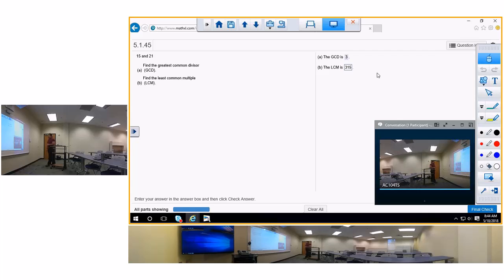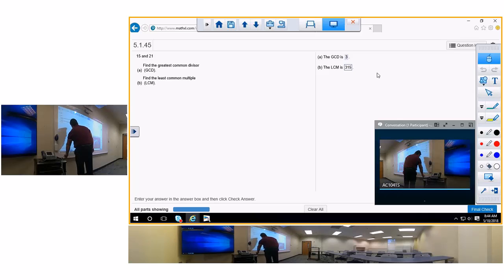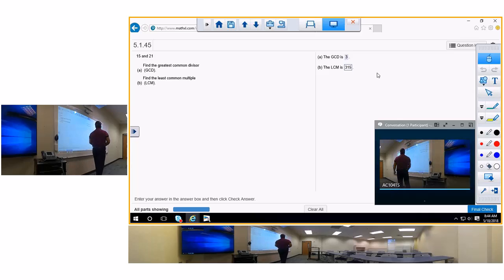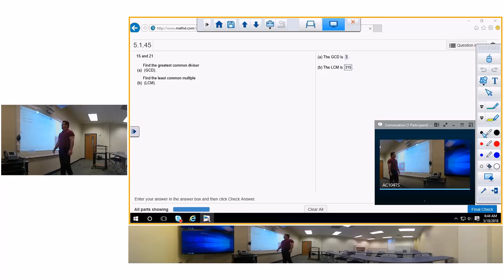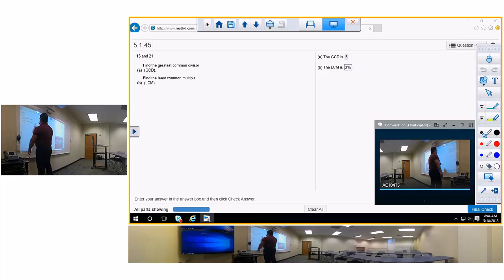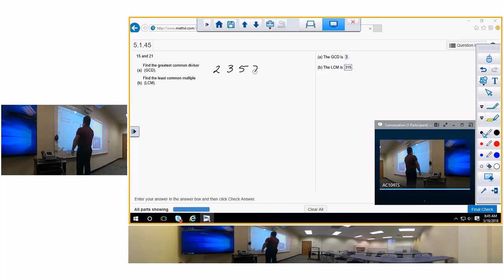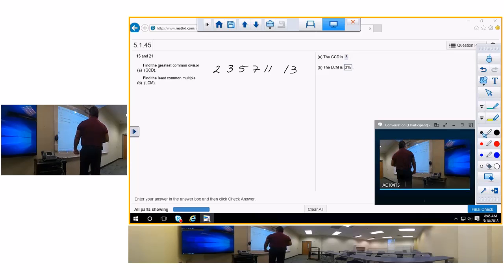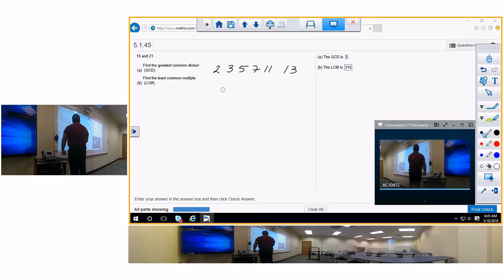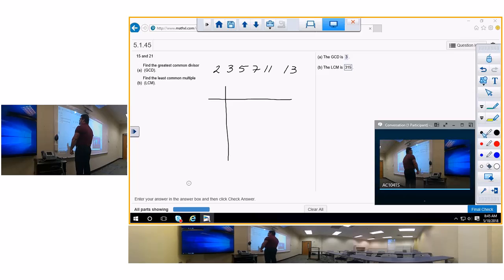If you watch the videos, the way that I teach the least common multiple and the greatest common divisor is I put it in a grid form. And if you watch the videos, I use the first several prime numbers, which are 2, 3, 5, 7, 11, and sometimes 13. So I form my grid, and I put my two numbers there.